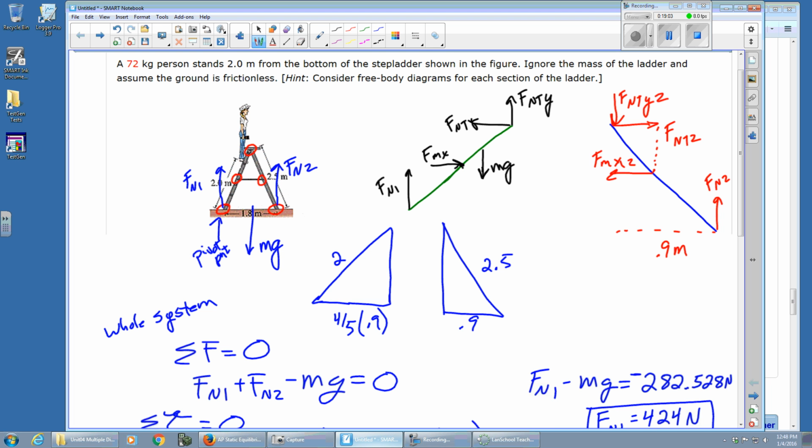And the other one should be just as straightforward, making a little mini triangle here where this is 1.25. That would make this 0.45. And then that side would be 1.25 squared minus 0.45 squared, square rooted. This side is 1.1662 meters.